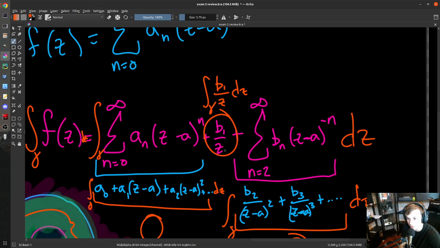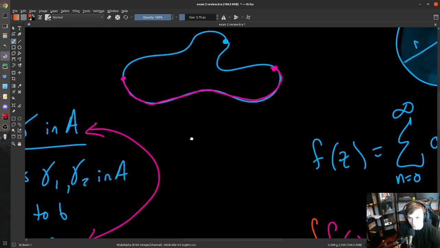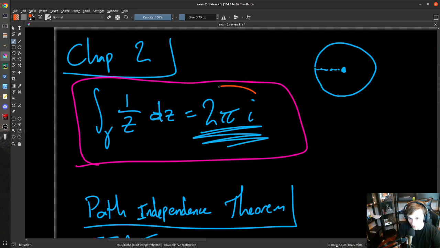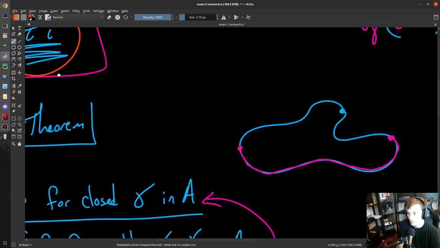Or this should be z minus a. I'm writing it like 1 over z, assuming that a was 0, but with z minus a, same business. When I integrate this, what am I going to get out? Once again, it's going to be 2 pi i times b1, for the exact same reason that we got 2 pi i before. Obviously, we could make gamma a curve that encloses some point, say a, and turn this into z minus a, and you get the same thing out.